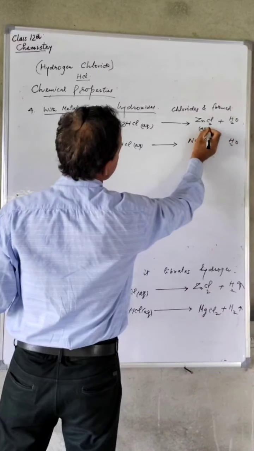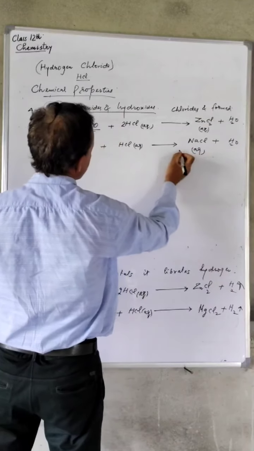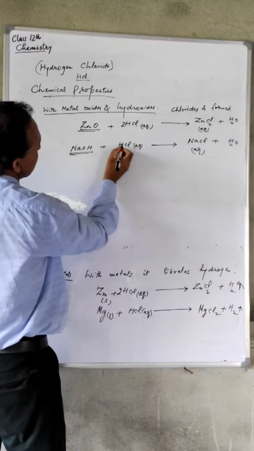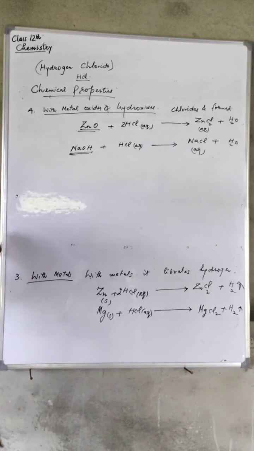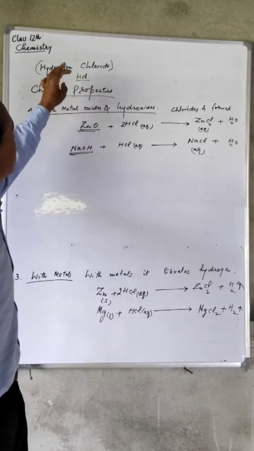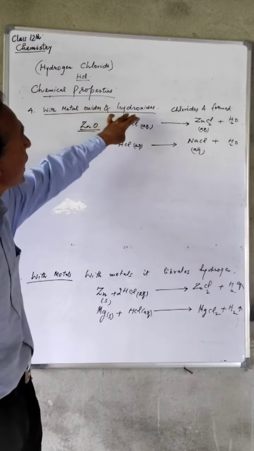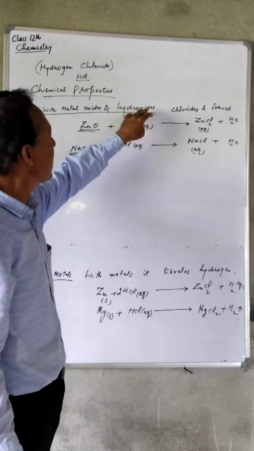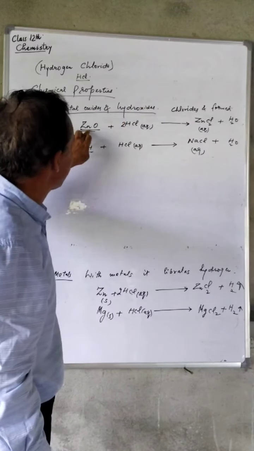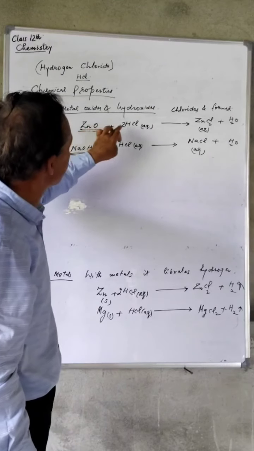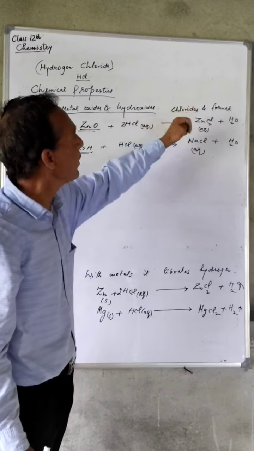This is again aqueous form. Sodium chloride plus water. That means when hydrogen chloride reacts with the basic oxides or metal hydroxides, for example, zinc oxide plus HCl, the chlorides are formed.